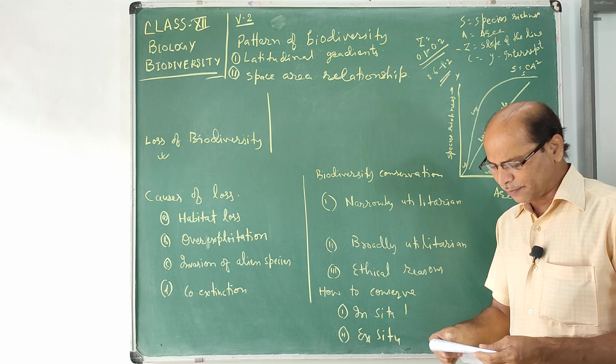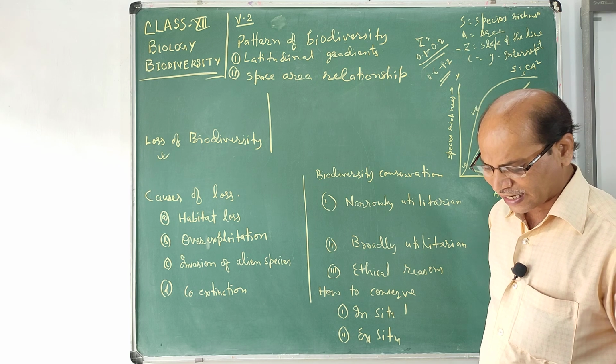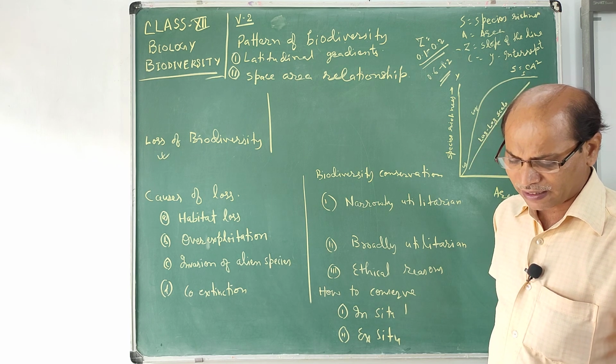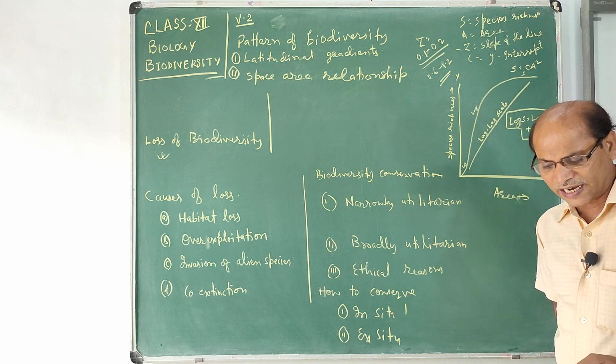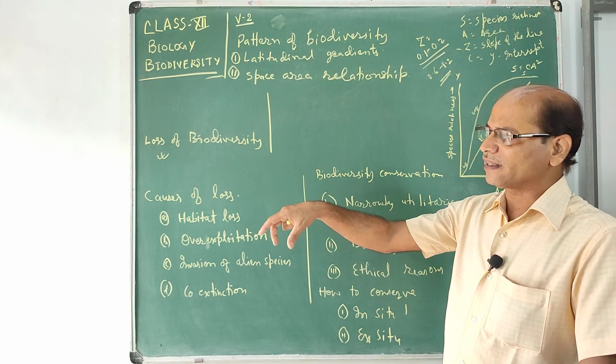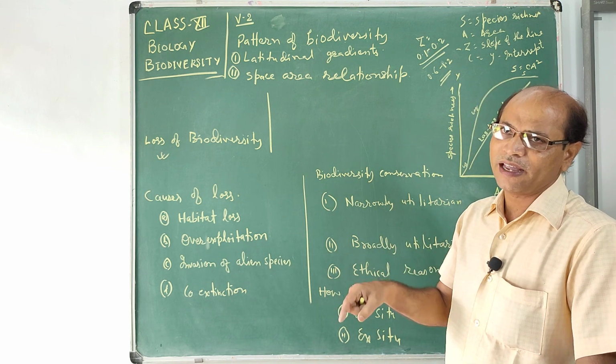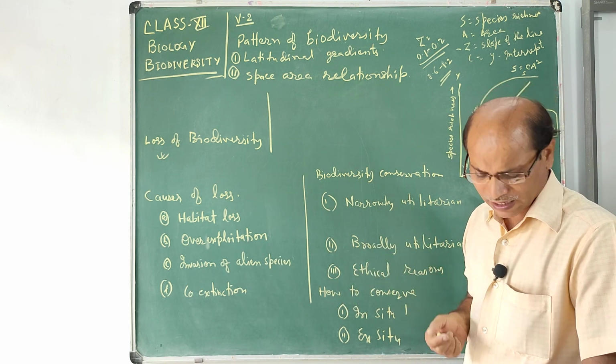Here is one example: weed species like Parthenium, Lantana and Eichhornia cause environmental damage and pose a threat to our native species. They can displace our native species, and that is the way by which biodiversity loss takes place.